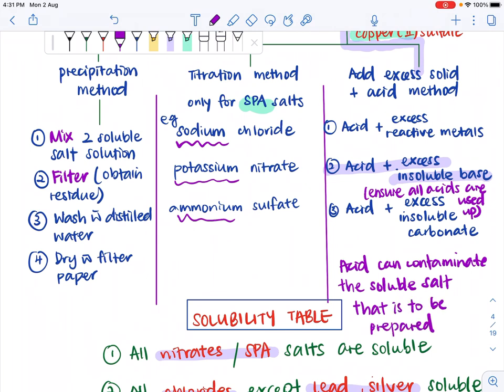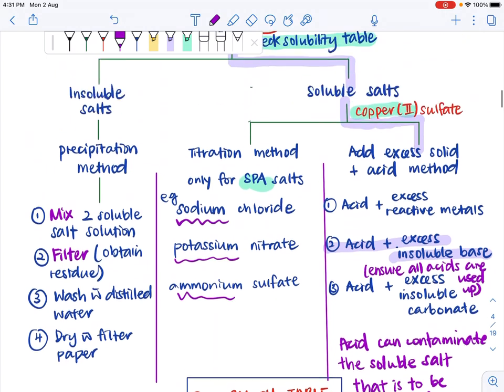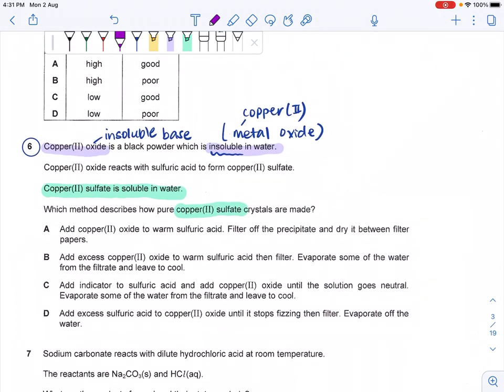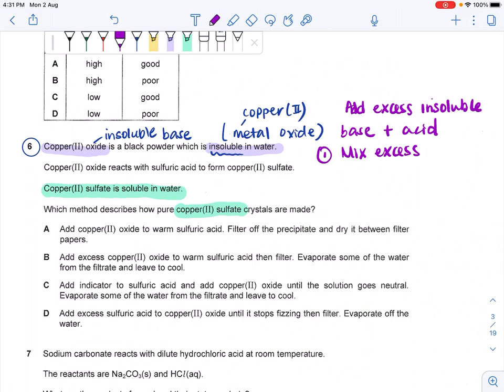Okay, so how do we do the preparation method? Excess insoluble base plus acid. For this kind of method, which is called add excess solid, which in this case is an insoluble base, and an acid, first you mix these two together, adding to the acid that you want.